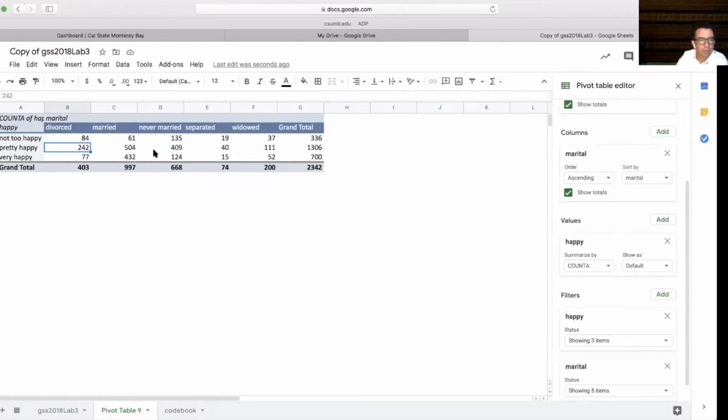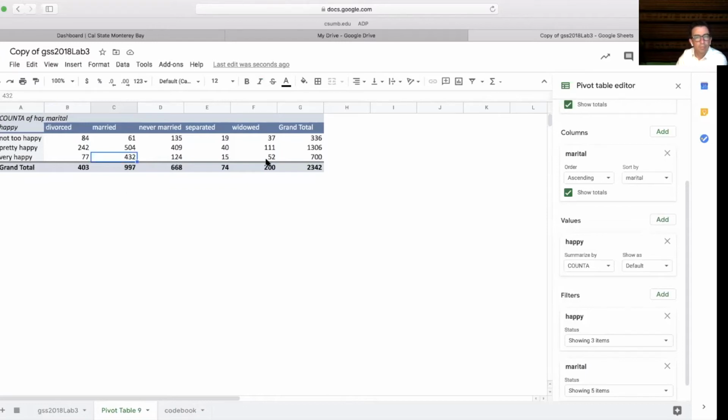We also know that 432 of respondents who are married responded that they are very happy. Okay, and this is in general, right? General happiness, not necessarily happiness with their marriage or not.